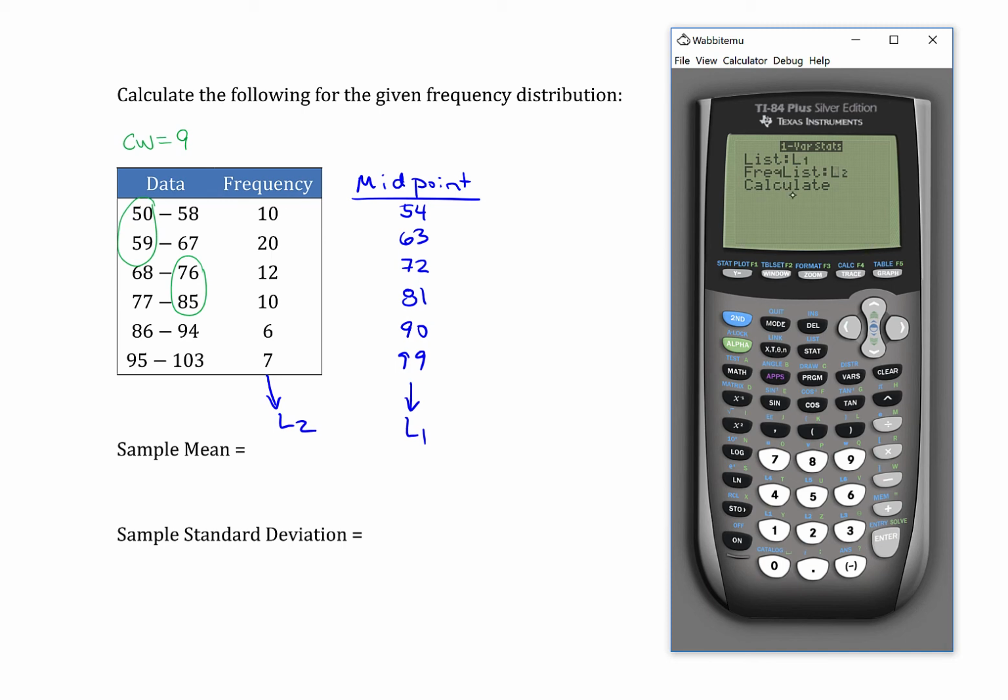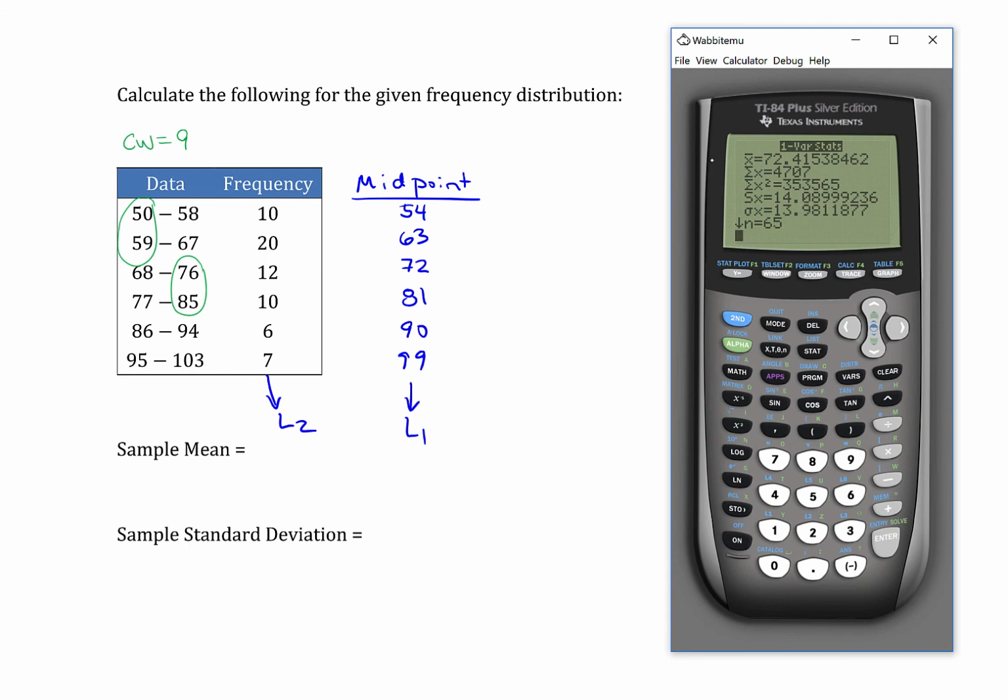In the other mode, if you don't have these menus, if you have one of the older calculators, you do have to hit second and 1 to get L1, and then a comma, which is right above the 7, and then second and 2, which is L2, to make it do the weighted statistics. But these menus help you remember those values. All it does is put these on the home screen next to the function separated by commas anyway, and gives you the results.